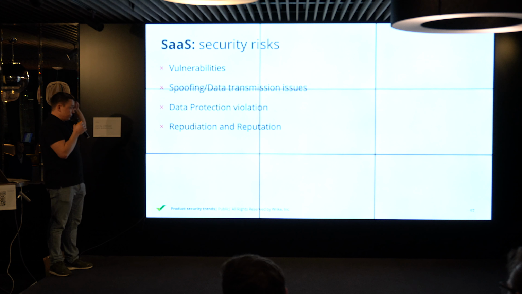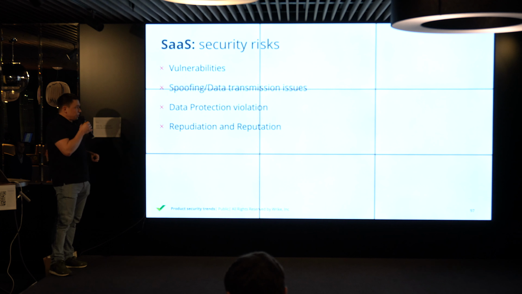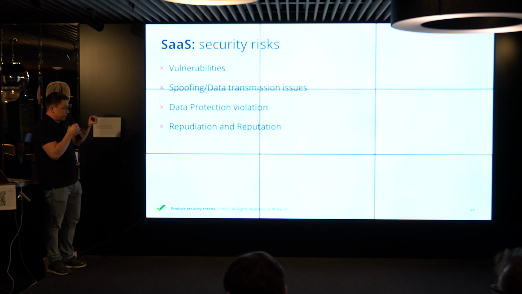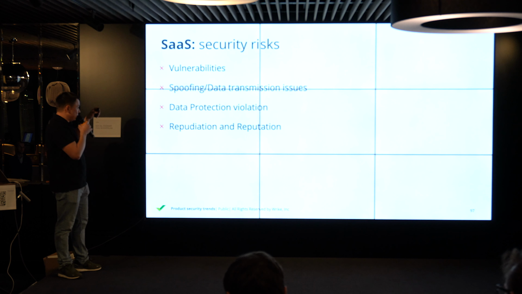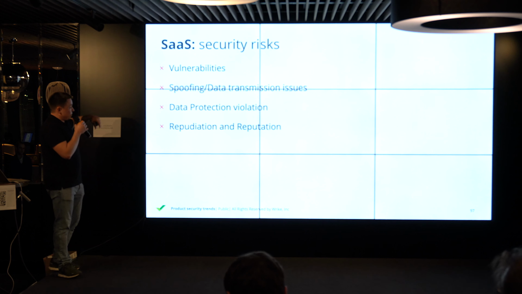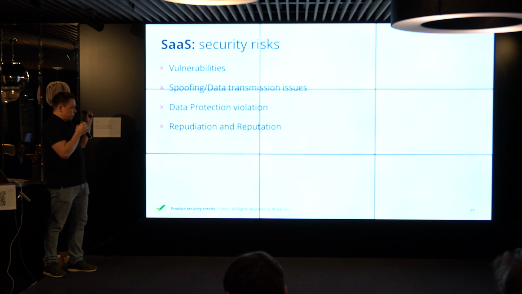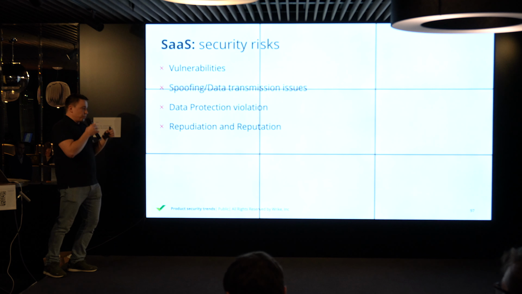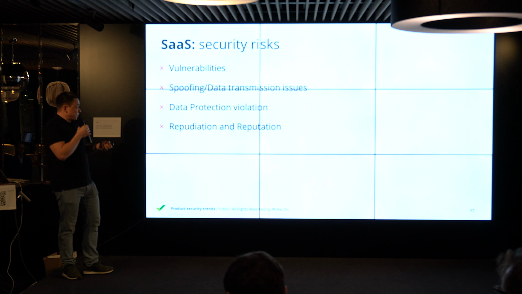But we need to have an appropriate section in the contract. Spoofing and data transmission issue, the same things, and we need to take specific things into account to mitigate it. Data protection violation, repudiation, and reputation. So reputation is a great thing, and you are able to use this in order to manipulate.